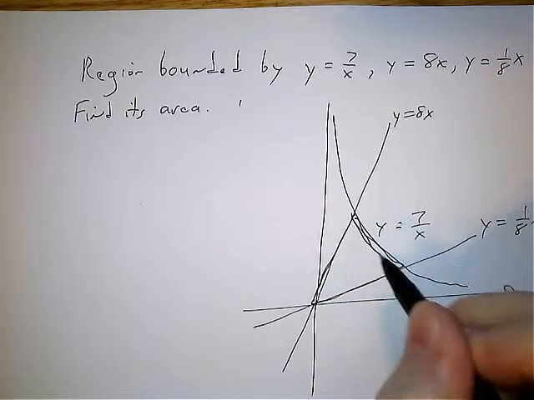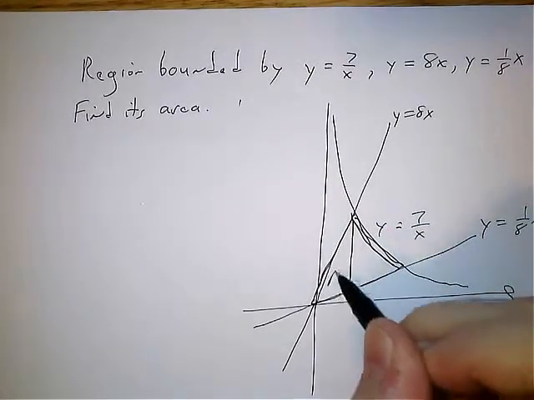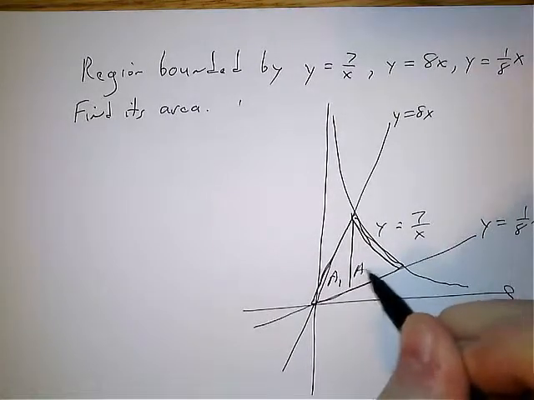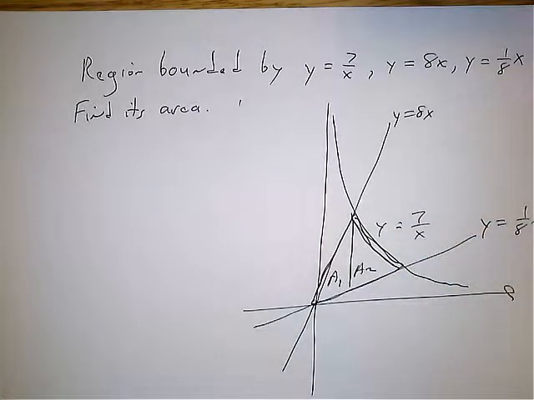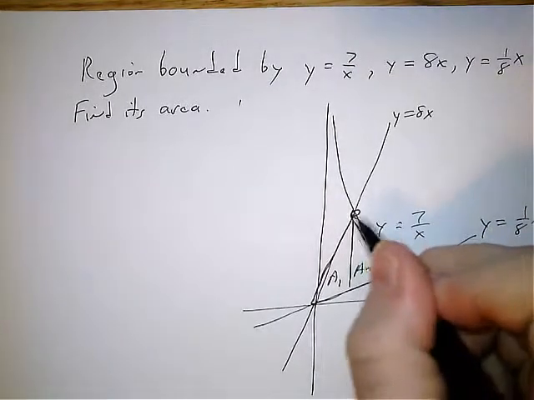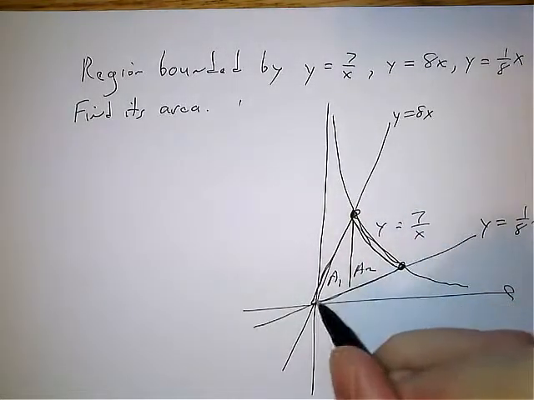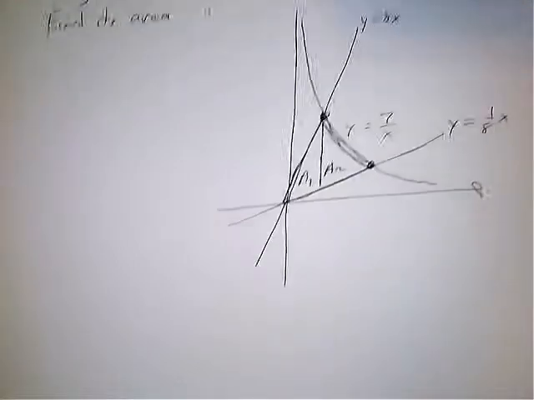I have to break this up into two pieces. So an A1 and an A2. So I want these points of intersection. I have a point here and a point here, and of course the origin.